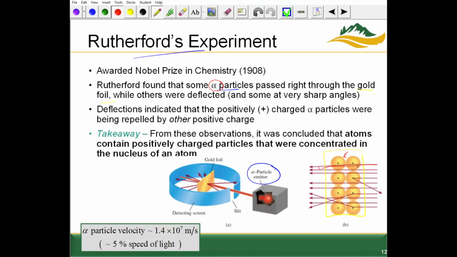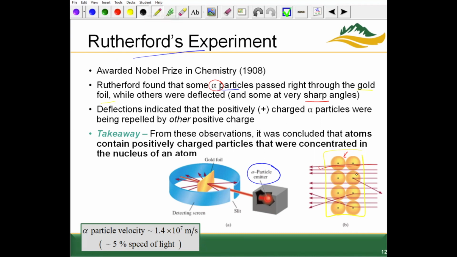However, some of that alpha radiation was deflected back at very sharp angles. How could that be? Why would positively charged radiation like that come back and be deflected so intensely?